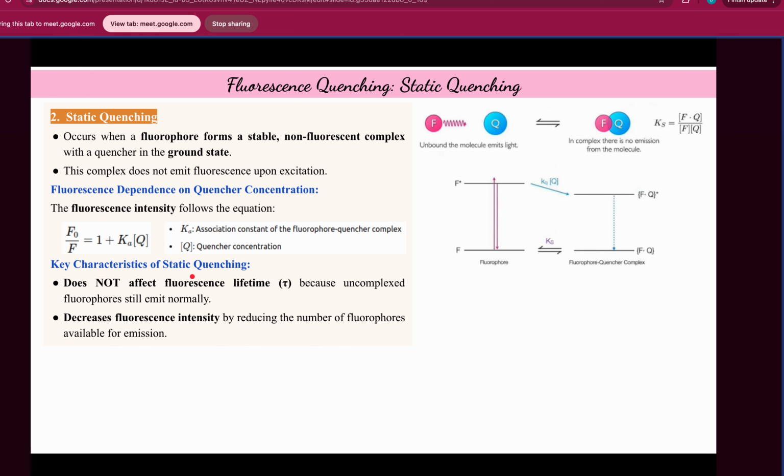The key characteristic of static quenching is that it does not affect the fluorescence lifetime, tau, because uncomplexed fluorophores still emit normally, and it decreases the fluorescence intensity by reducing the number of fluorophores available for emission. That is why it is not reducing the lifetime, but it is reducing the number of fluorophores previously available to emit light, because some are now making complexes with the quencher.